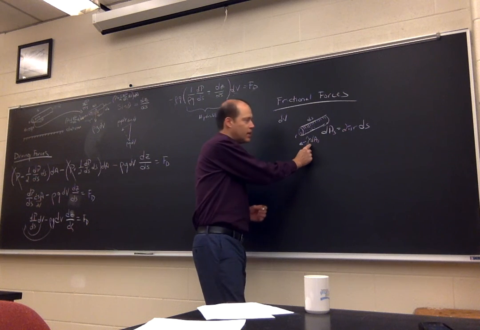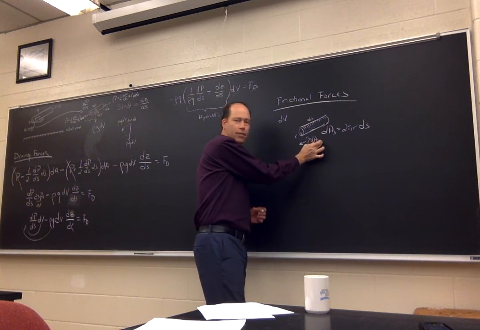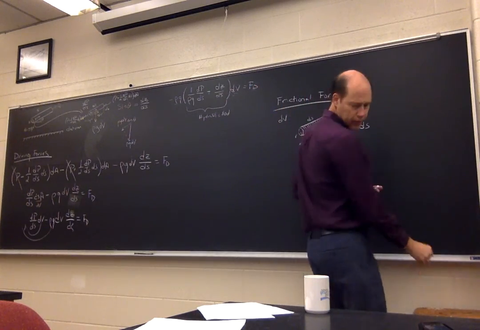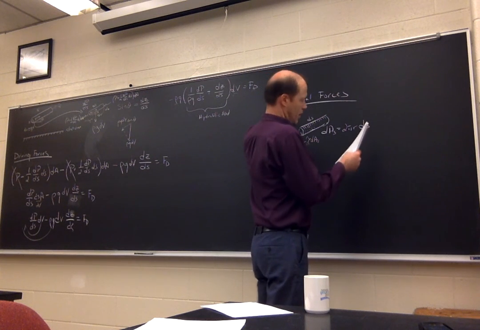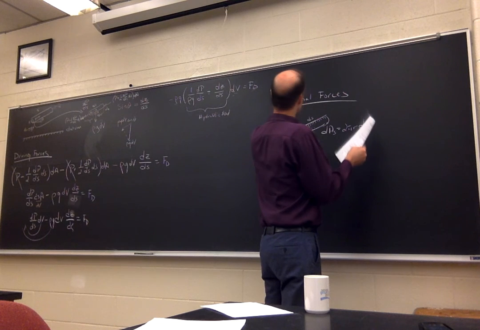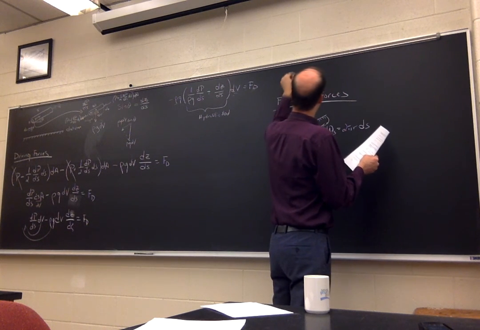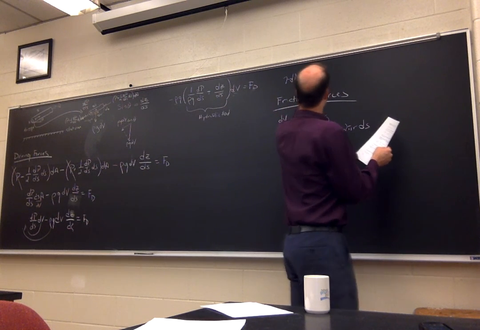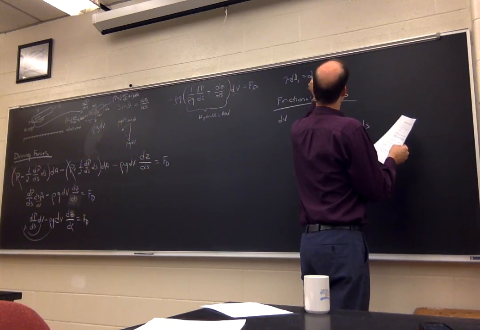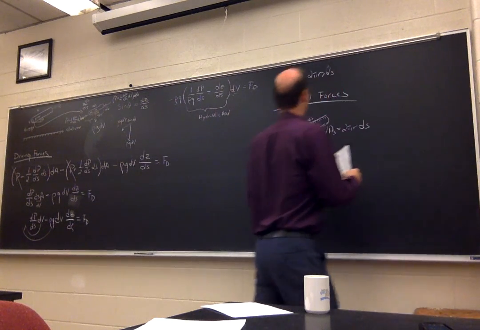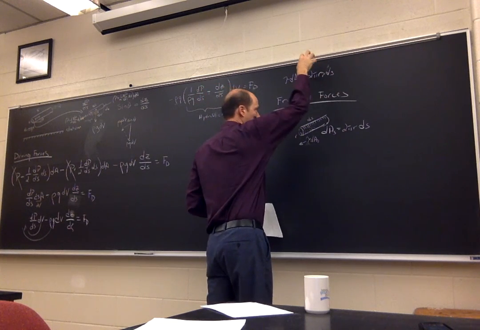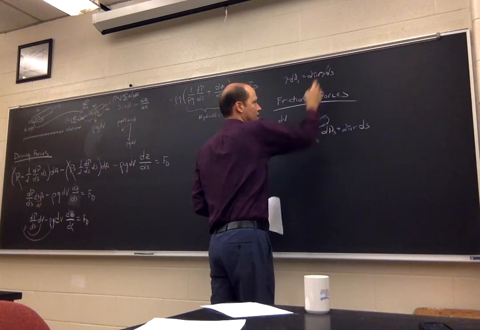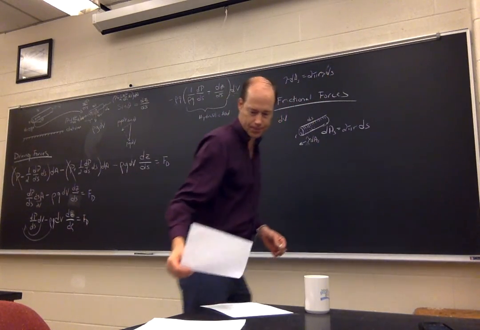So our total frictional force is tau dAs, which is equal to tau times 2 pi r ds. So that's our frictional force.